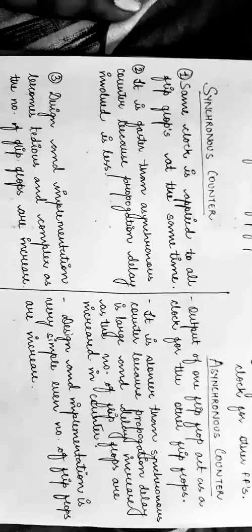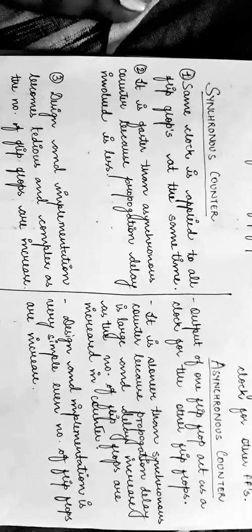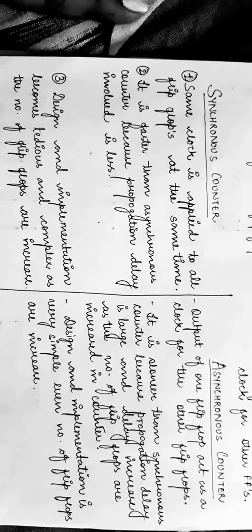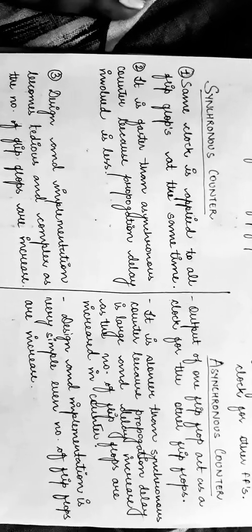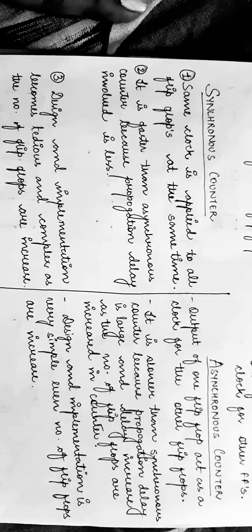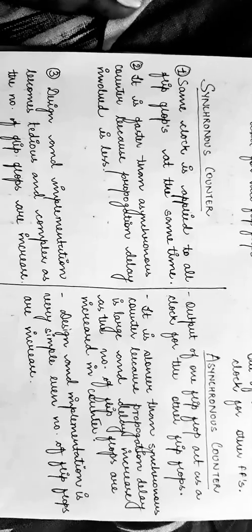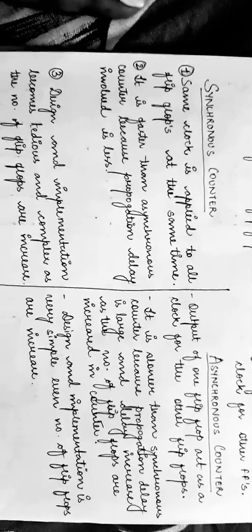While in an asynchronous counter, the output of one flip-flop acts as a clock for the other flip-flop. Second, it is slower than the synchronous counter because the propagation delay is large and the delay increases as the number of flip-flops in the counter increases.